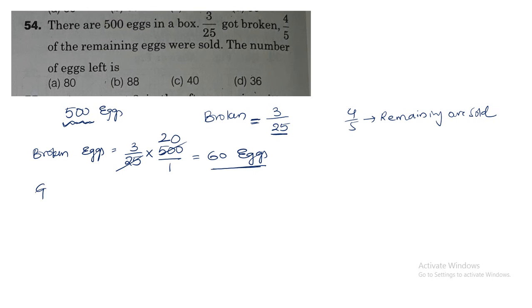Then write down the good eggs. So good eggs are nothing but 500 minus 60. 500 minus 60 is nothing but 440 eggs are good. Okay, so they are not broken. Now what he has given, 4/5 of the remaining eggs were sold.